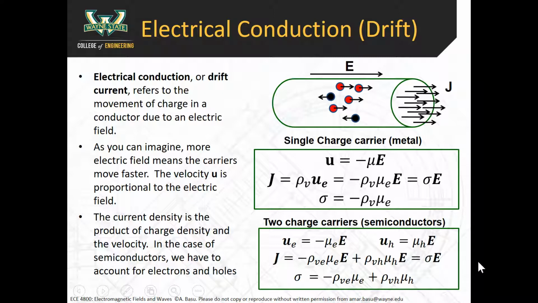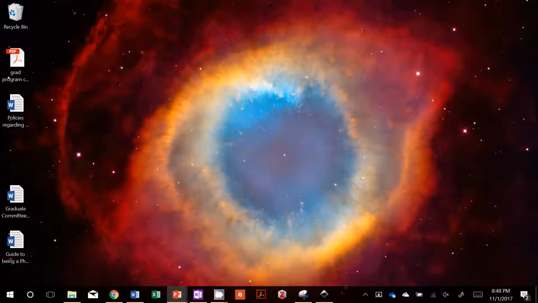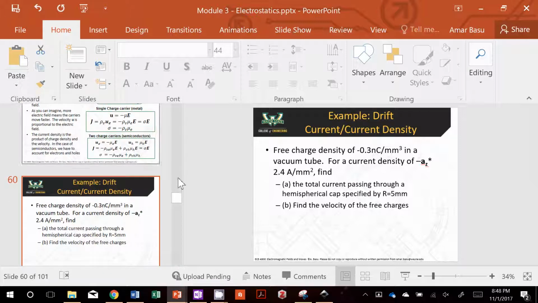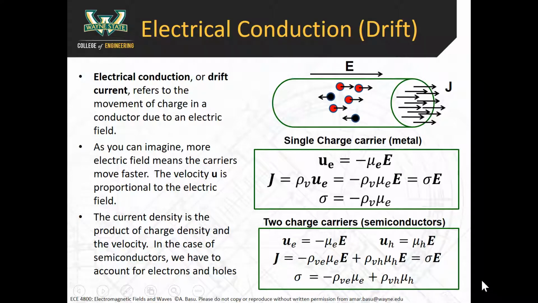This U_e is actually the same as this U here. So the more conducting material has the highest mobility. Let me just add U_e here. So the current density is equal to rho_v times U_e.